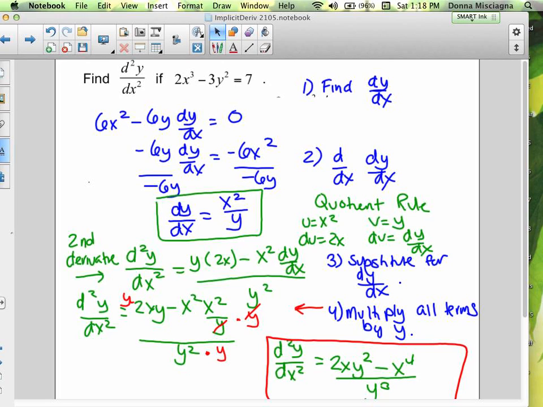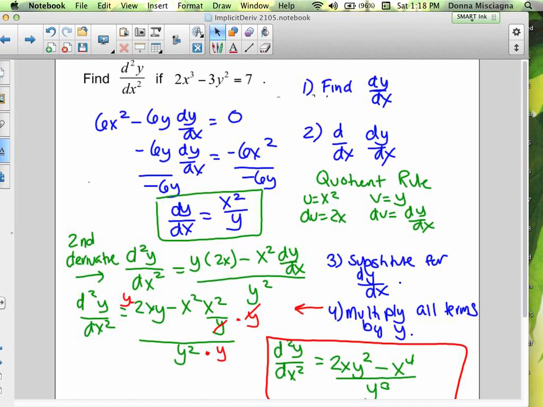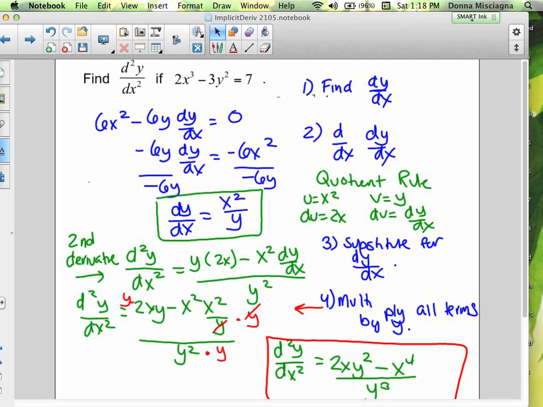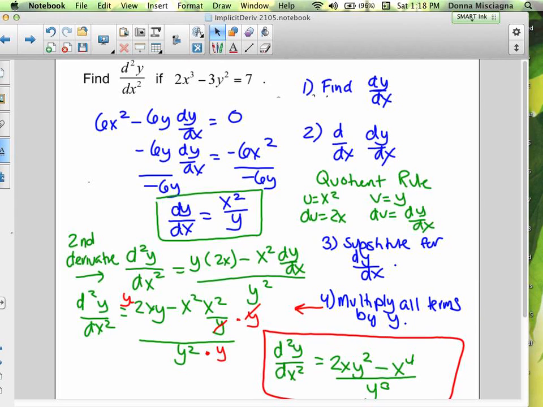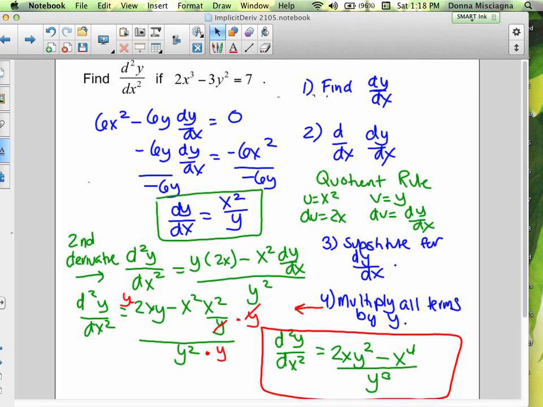It's just that you're going to have a dy dx kind of stuck in the middle of your problem, and you'll have to just do a substitution, and you'll know what dy dx is because, to take the second derivative, you had to find the first derivative. And you'll just simplify it because you're going to end up with, most likely, a complex fraction. Not always, but 99.9% of the time.